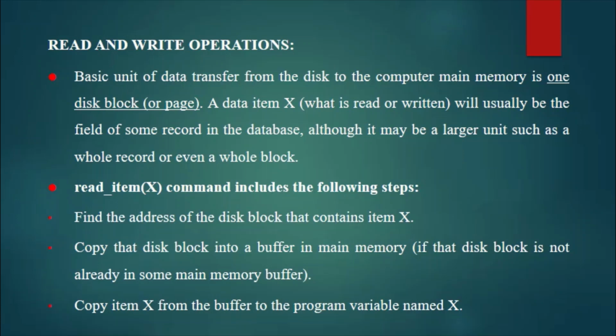A data item X, which we are reading or writing, will usually be a field of some record in the database, although it may be a larger unit such as a whole record or even a whole block.